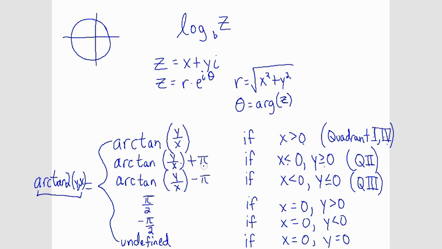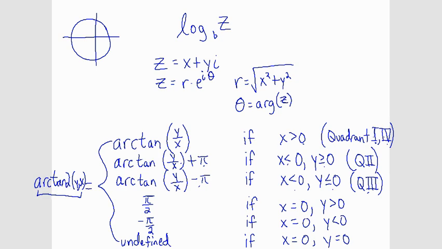So we add pi as a result. And then we subtract pi if they're both less than 0, because we're in quadrant 3, but a negative over negative would be an input into arctangent of a positive, same way as if we were in quadrant 1. Now, in those two, y is also less than or equal to or greater than or equal to, depending. That would mean we would be on the x-axis.